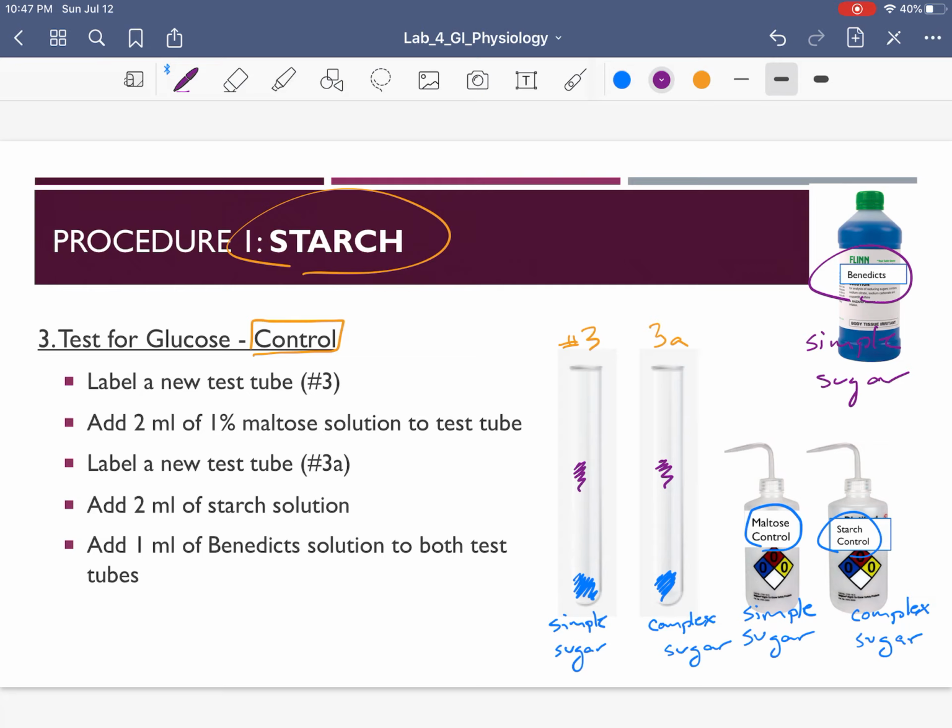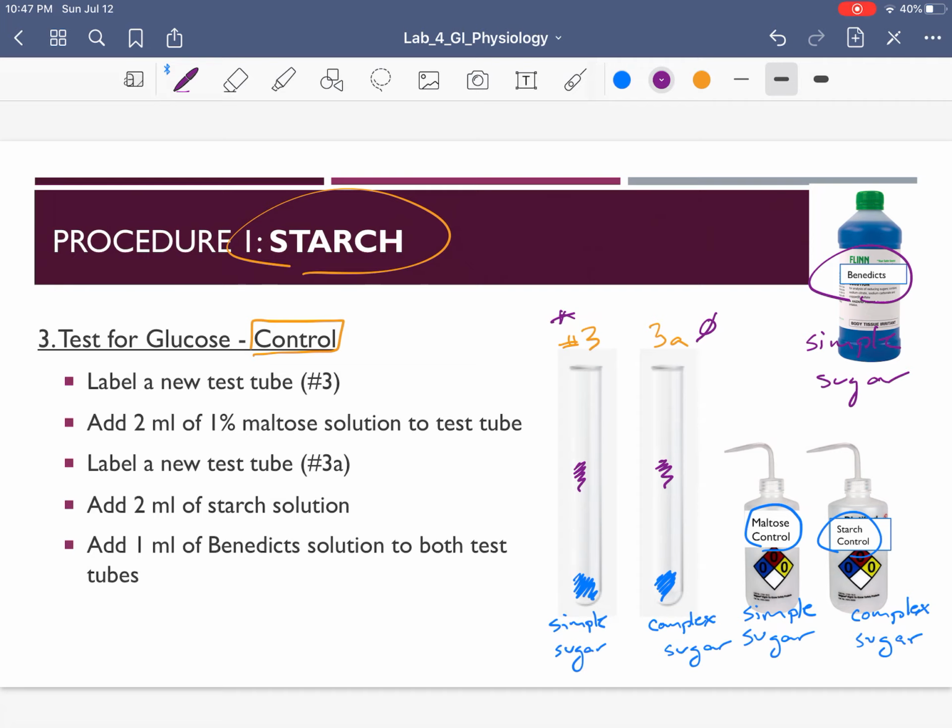So we started with one test tube with simple sugar and one with complex sugar. Now we're adding an indicator solution that tests for simple sugar. Which test tube should test positive for simple sugar? This one. Benedict's, because it tests for simple sugar, should test positive in our simple sugar control, but it should not test positive in our complex sugar control.